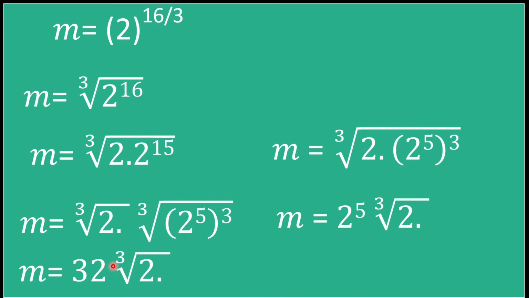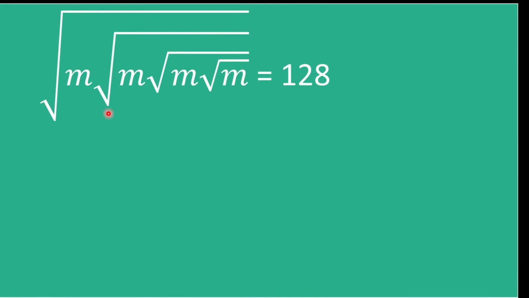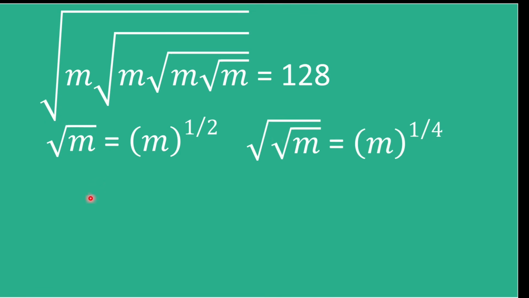So the second method is very easy, and you have to understand the basics of this square root or radical. As we know, if we have a square root of m, this is equal to m power 1 divided by 2. And if we have a double square root, that is square root of square root of m, this is equal to m power 1 divided by 4.